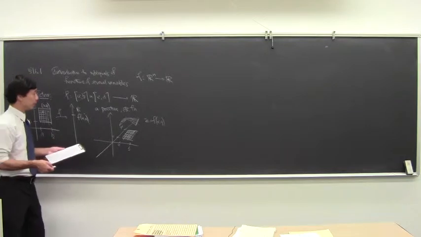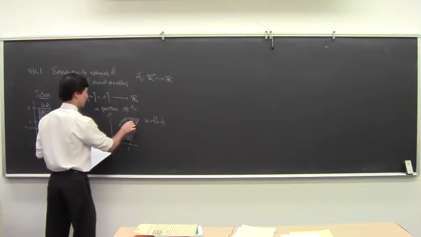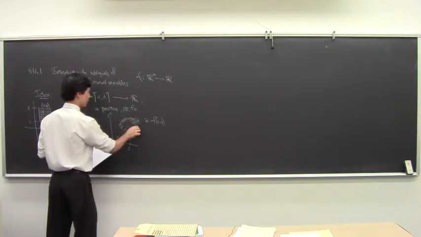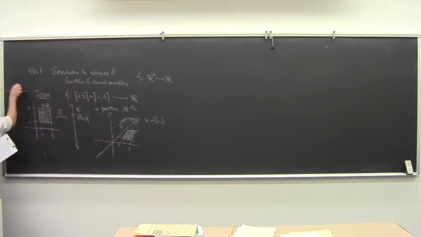Okay, and so the question is, just like the question in Calc 1, where you have some function above the axis and you're interested in the area under the graph of that function, so y equals f of x.